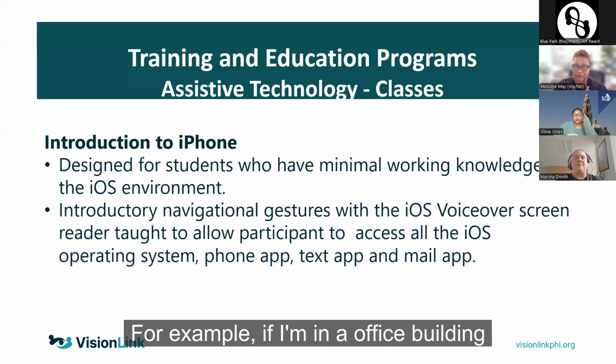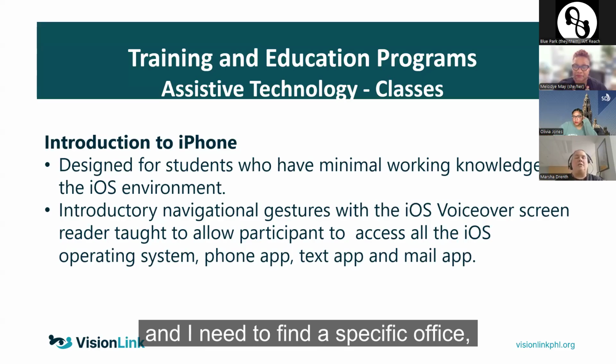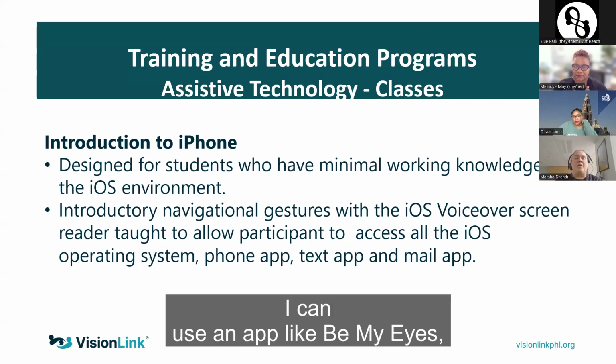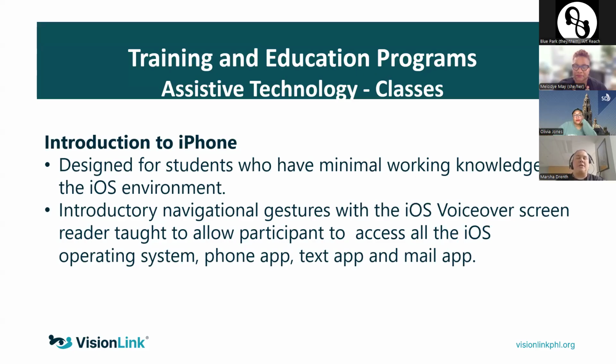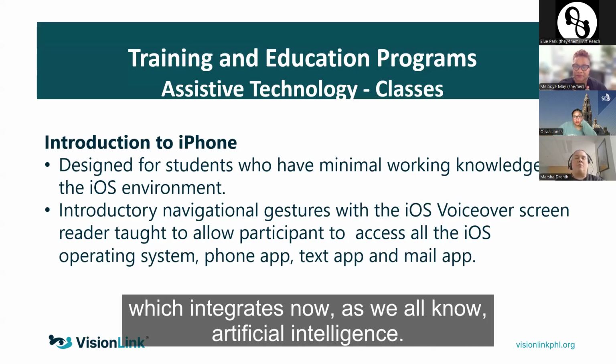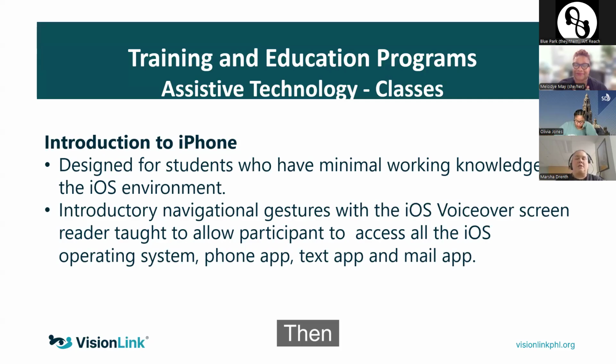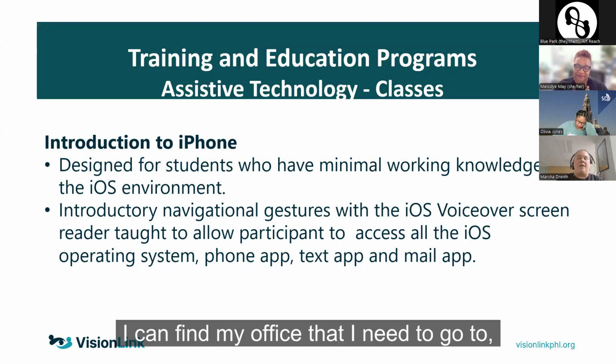So, for example, if I'm in an office building and I need to find a specific office, I can use an app like Be My Eyes, which integrates now, as we all know, artificial intelligence, and then I can find the office I need to go to.